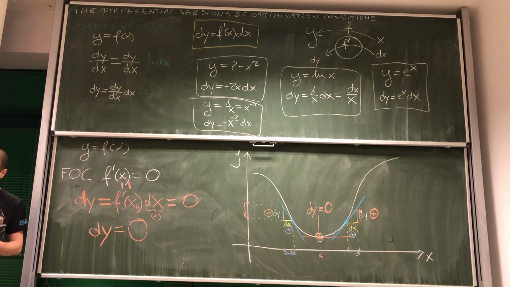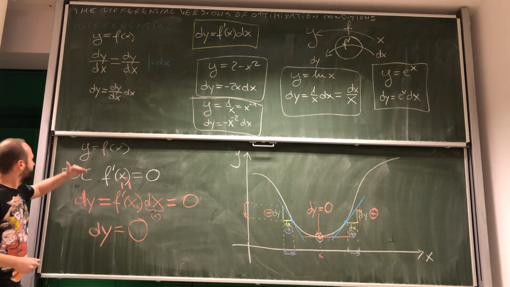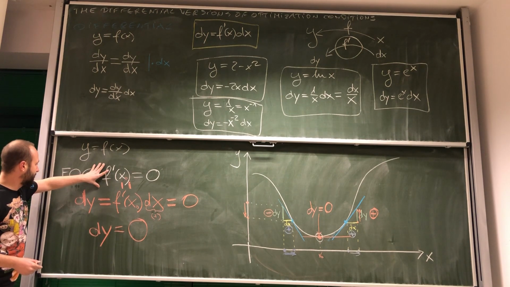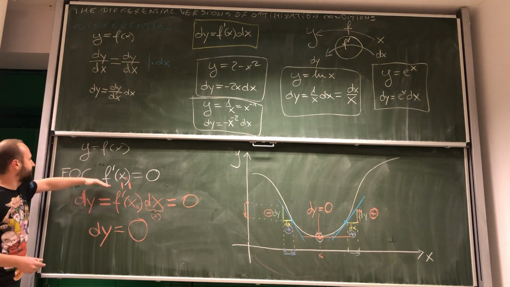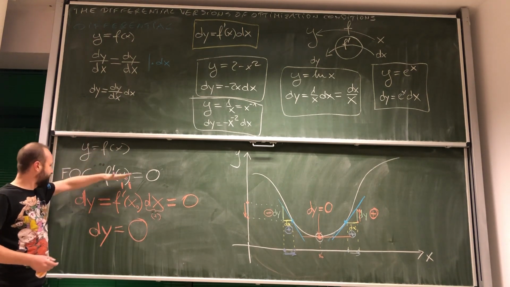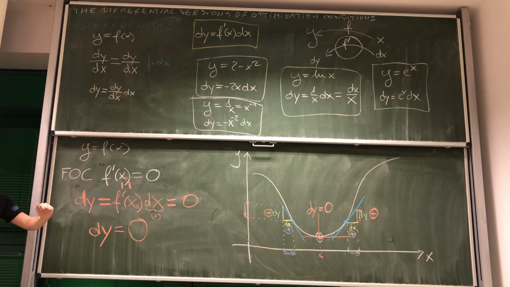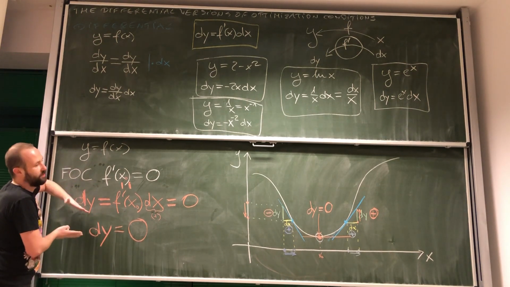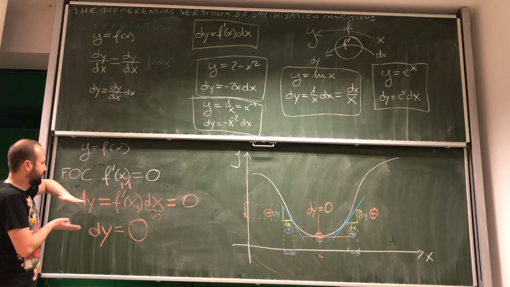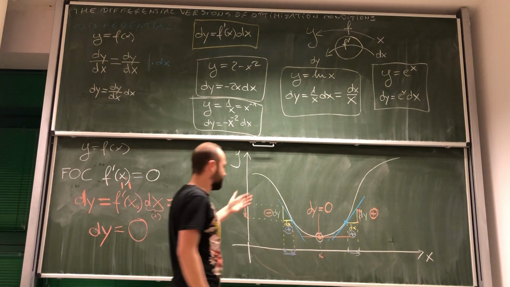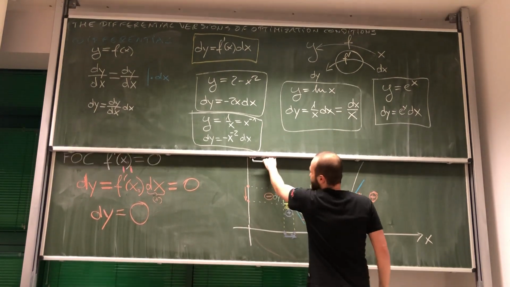Okay, so look, what we've done at this very moment is that we translated from condition based on derivatives to condition based on differential. But you see that there needs to be exactly the same, in the sense that they give us exactly the same location of the point.